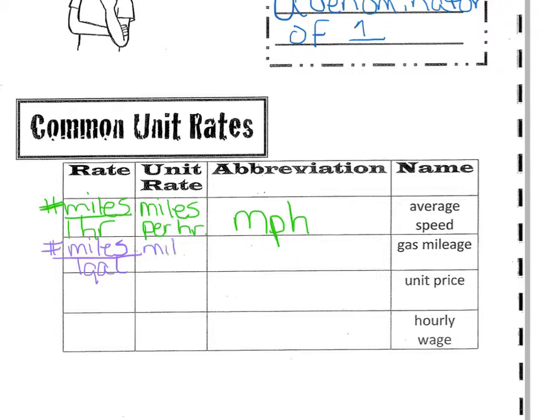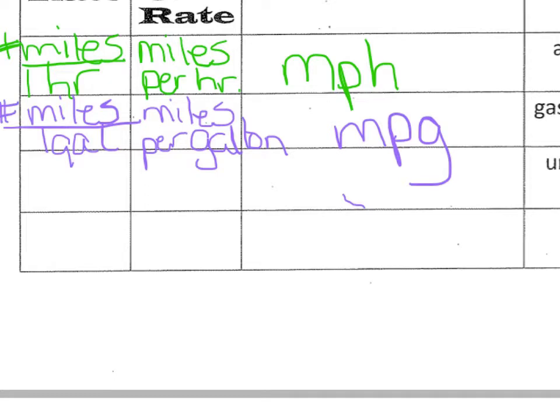So our unit rate is miles per gallon, and our abbreviation for that is MPG. When you go later in life and you go to buy a car, you're going to be looking for a car that has a high MPG rating, or miles per gallon. And that's our gas mileage.